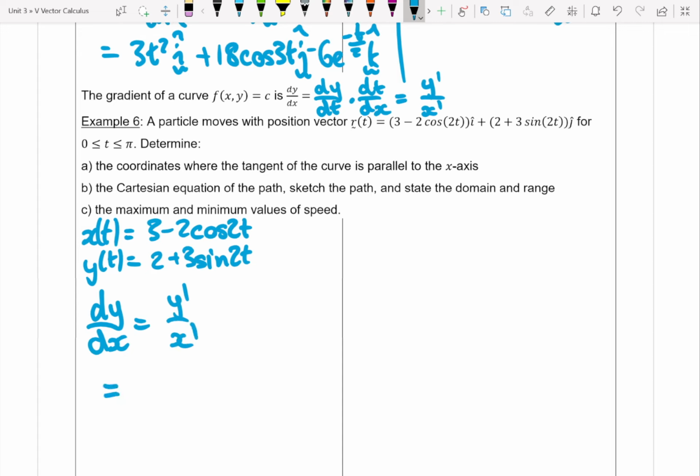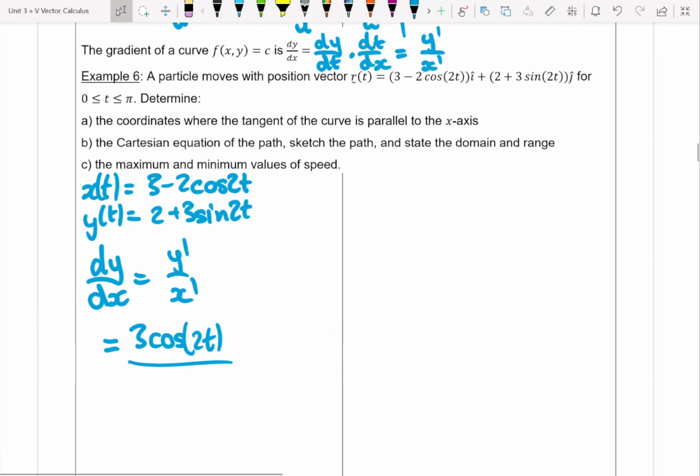So y dash on x dash. y dash is 3 cosine of 2t, and x dash is given by 4 sine of 2t.